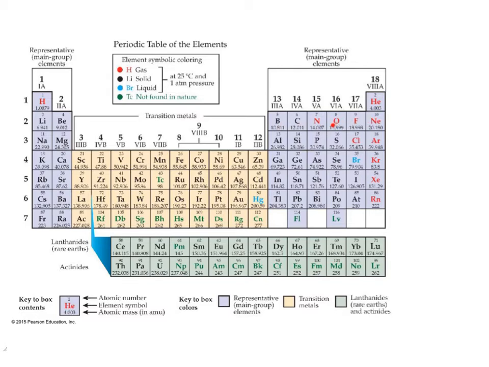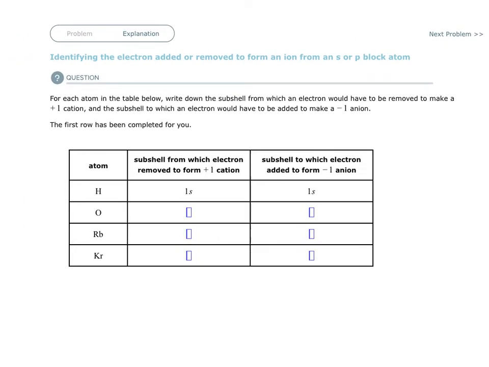If it loses one, it'll end up looking like nitrogen, which is in 2p. If it gains one, it's going to end up looking like fluorine, which is also in the 2p. So in the case of oxygen, it's the 2p, and also the 2p if you add one.